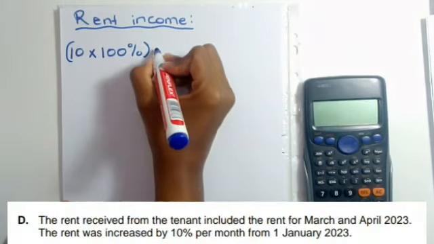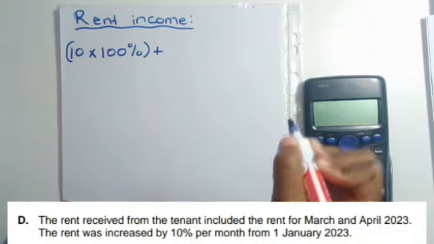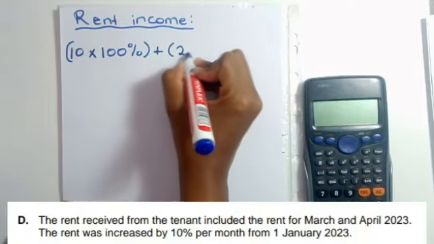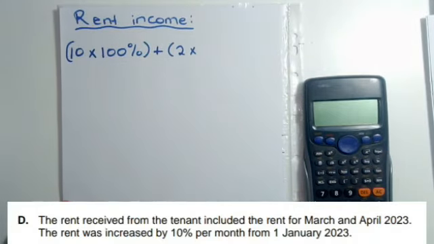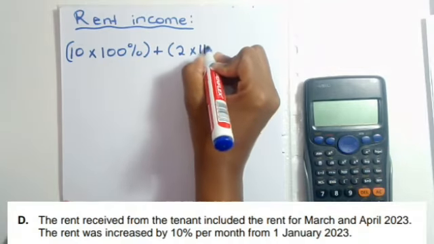And then for the last 2 months of the year, which is January and February, our rent had already been increased because it was increased in January.